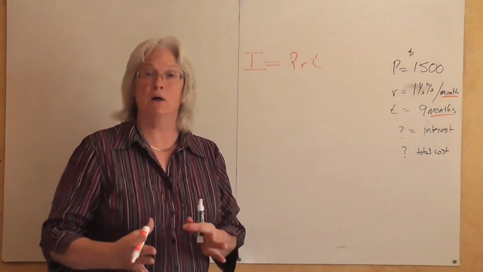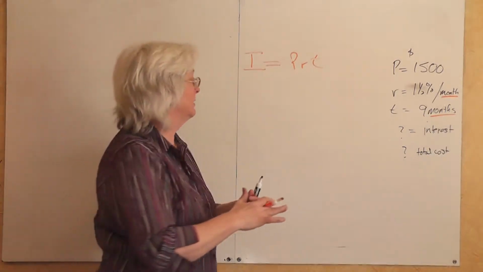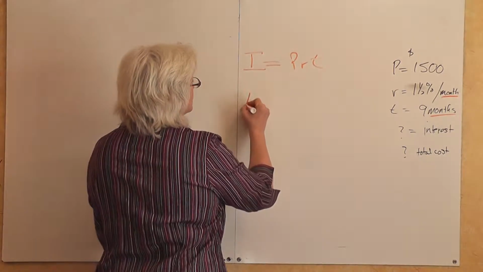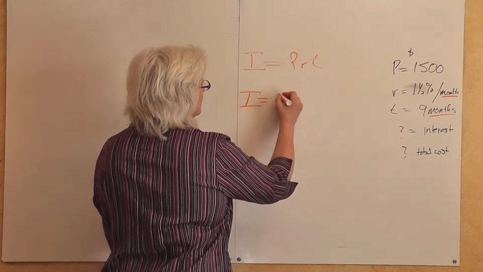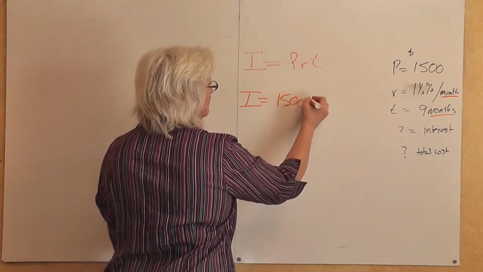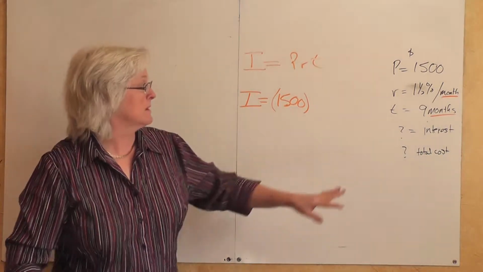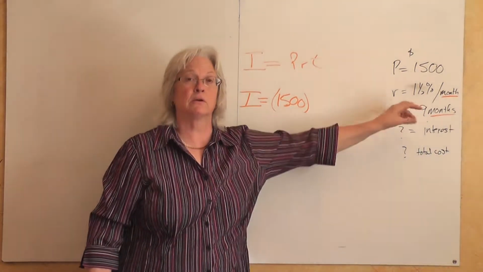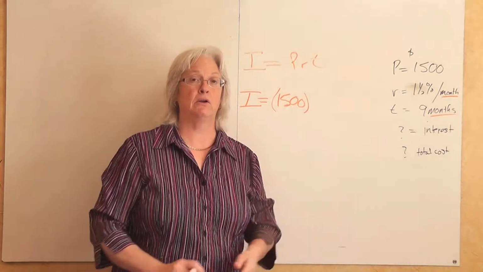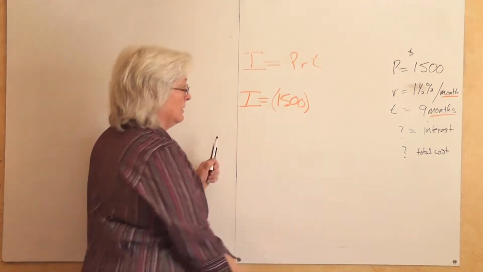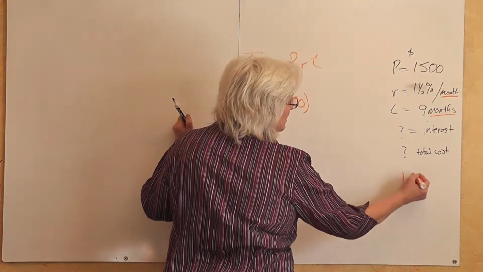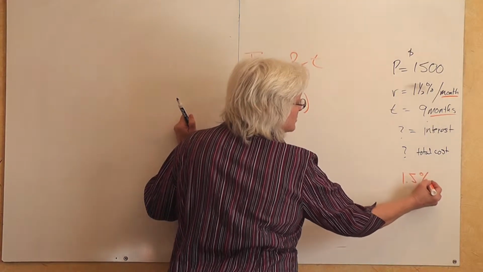We're talking about months, so we can multiply everything directly. So interest is going to be the principal of $1,500 times the rate. What is our rate? It's 1.5% per month. How do you indicate 1.5%? Well, it's 1.5%, isn't it?